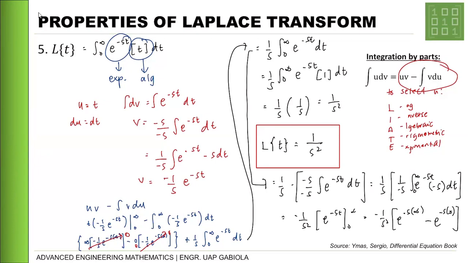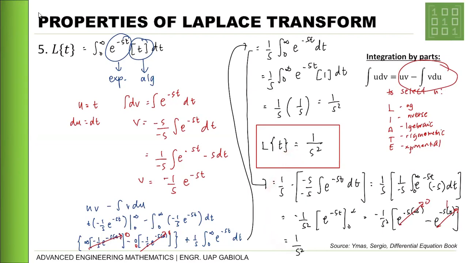Okay? So, this will again be equal to 0. And then this, any number raised to 0 will be equal to 1. Okay? So, negative 1 over s squared times a negative value, that will be positive. So, our answer will also be equal to 1 over s squared, which is the same as this. Okay?